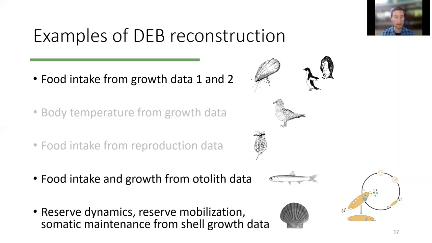And then we'll move on rapidly to another type of reconstruction for food intake and growth from otolith data in anchovy. And then we'll look at another approach that allows you to reconstruct reserve dynamics, reserve mobilization, somatic maintenance from shell growth data, scallop shell growth data.